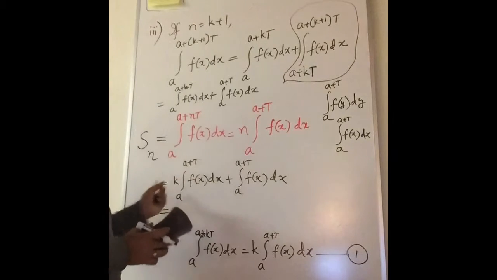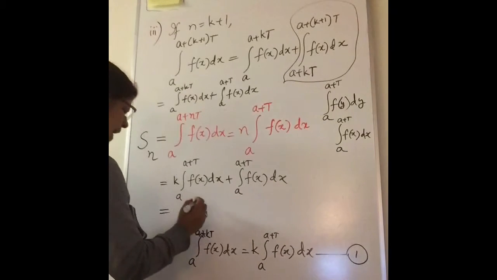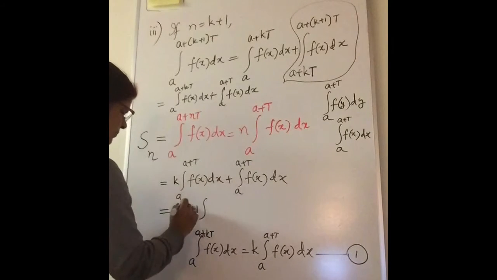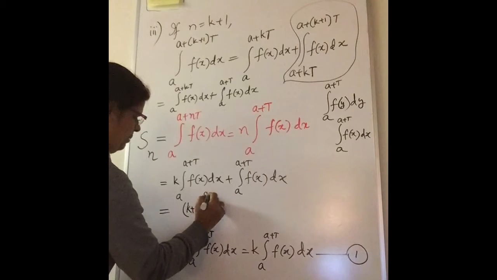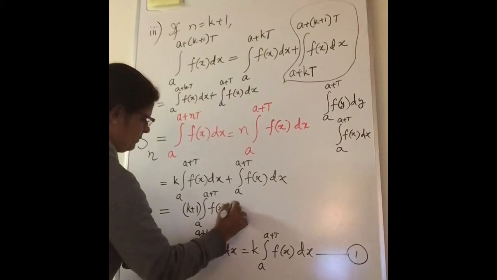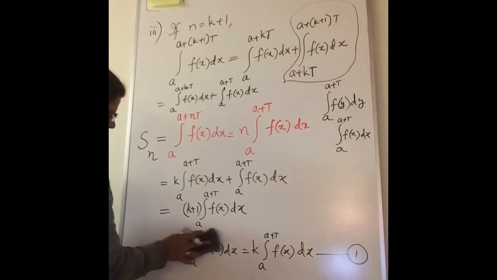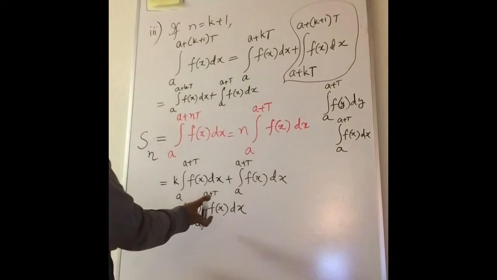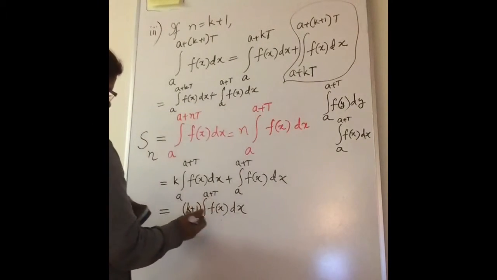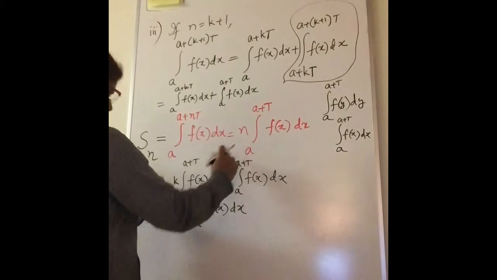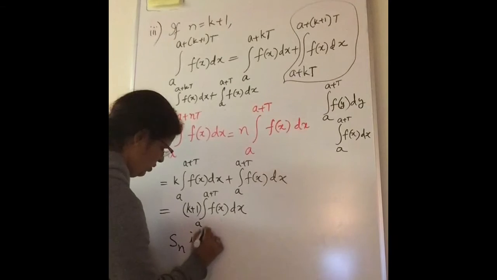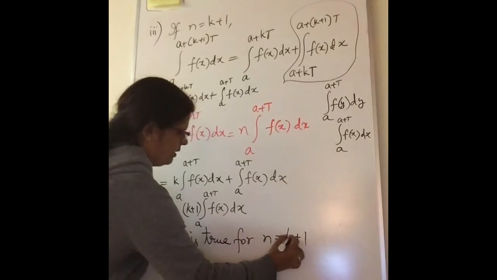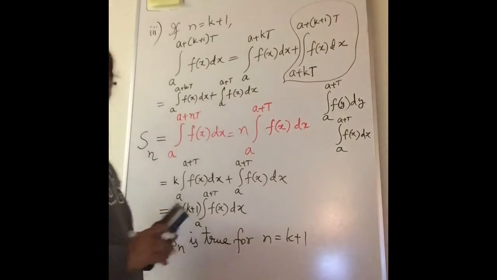So let us take them as a single term by taking k plus 1 times integral a to a plus T f of x dx. So, what are you observing? Here, Sn is true for n is equal to k plus 1. That's all.